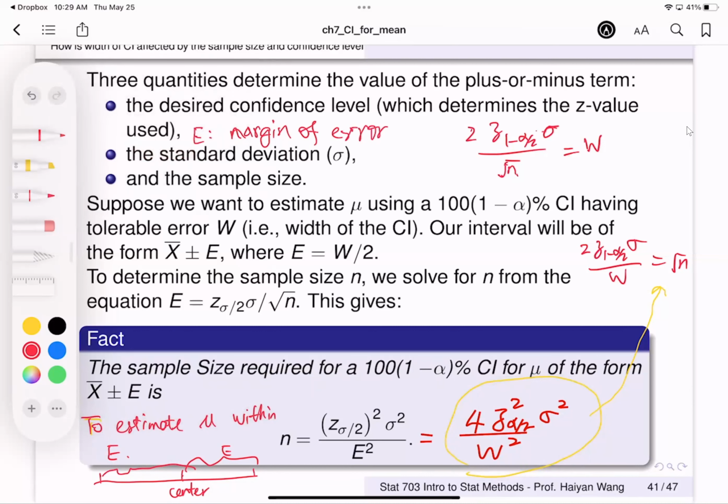So if E is given rather than the W, we know the W is twice of E. Therefore, the formula will change to z squared sigma squared over E squared.